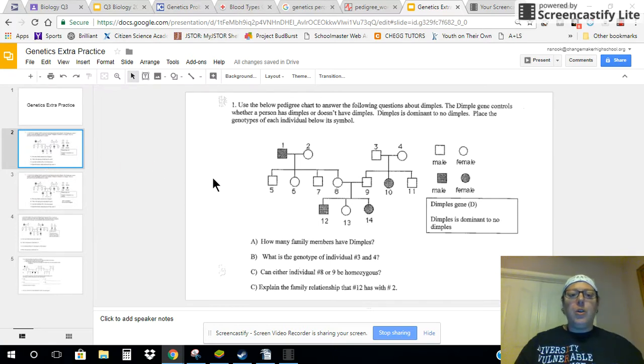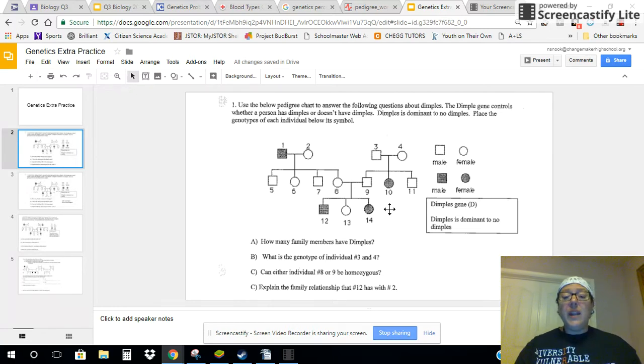But first of all, what a lot of you missed is right here where it says dimples are dominant to no dimples. And what that means is that the majority of the people in this pedigree, meaning the unshaded people, have dimples. Normally on a pedigree, and I did not do this to trick you, it was just the way that this pedigree was written, the shaded individuals usually have the trait that you are tracking.